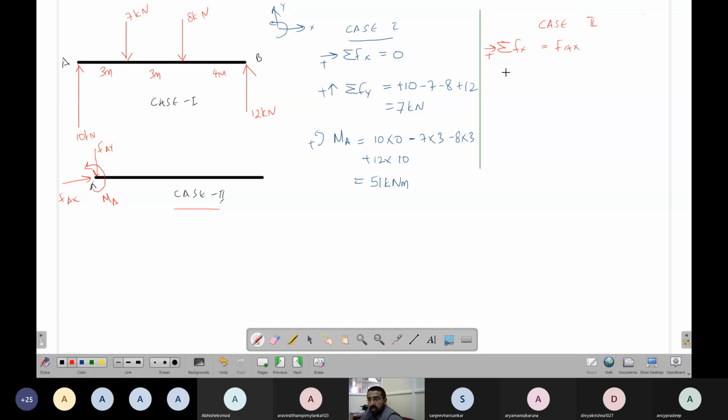Now what is the summation of forces in y direction? Up is positive. So that is minus F A y. Now what is the moment about A, with clockwise positive? The moment about A is F A y into 0, F A x into 0, plus M A. I should not write M A, it will confuse us.